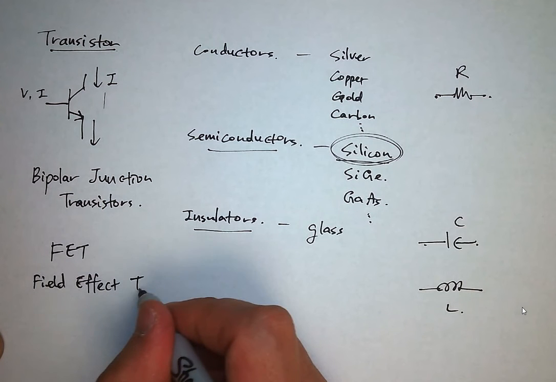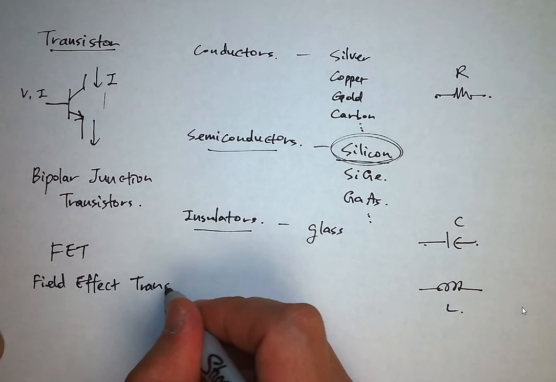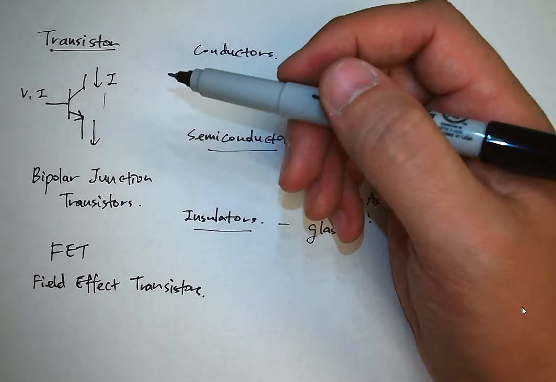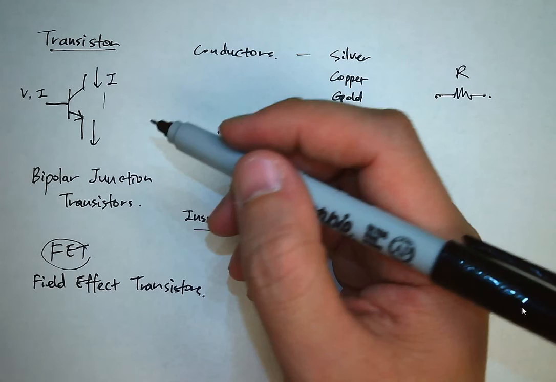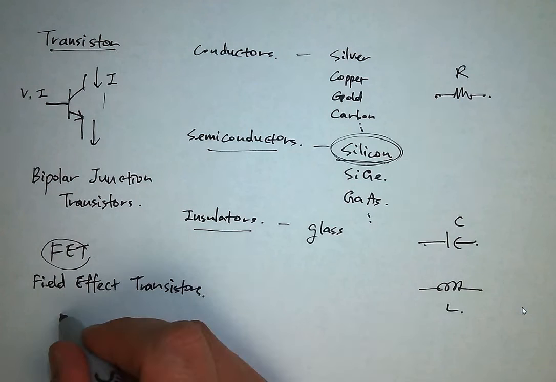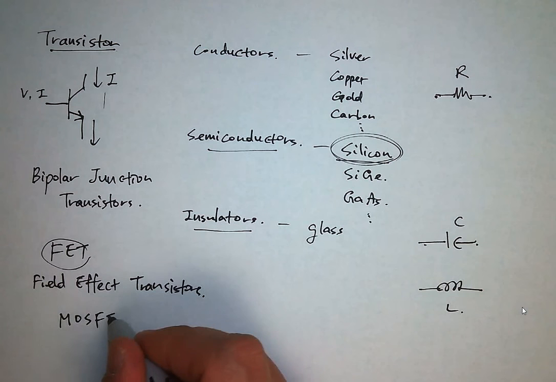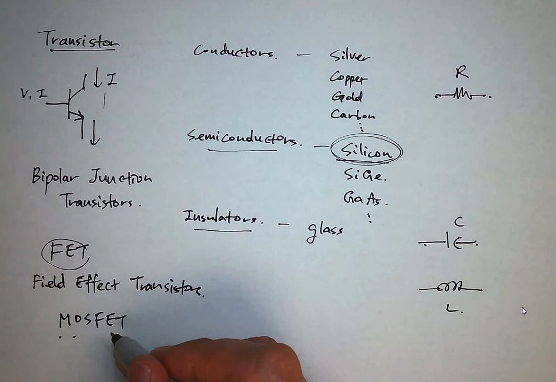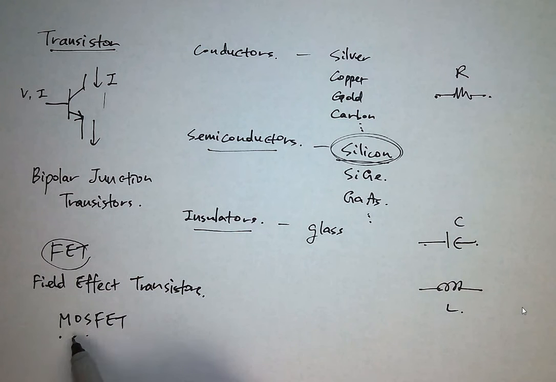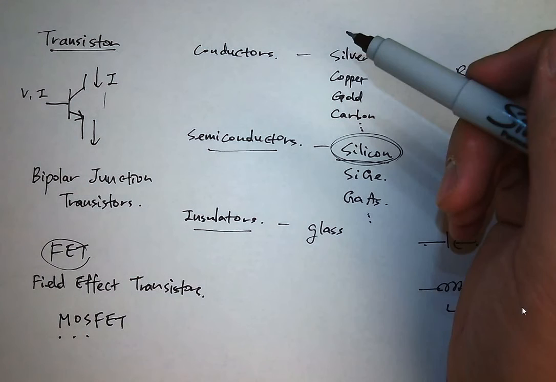And these are the type of transistors that are used in smartphones most often. The FETs. You have MOSFETs, various different types of FETs. MOSFET stands for metal oxide silicon field effect transistor.